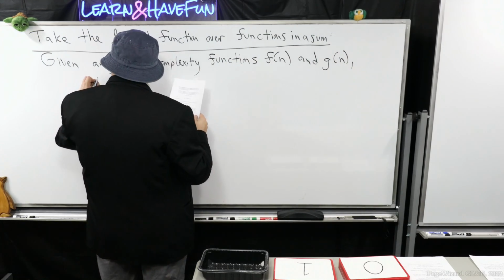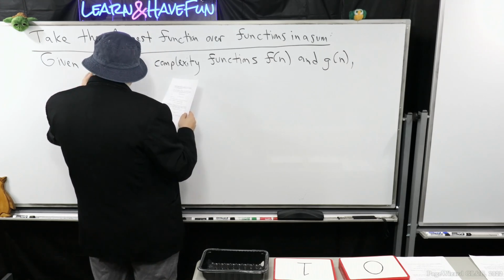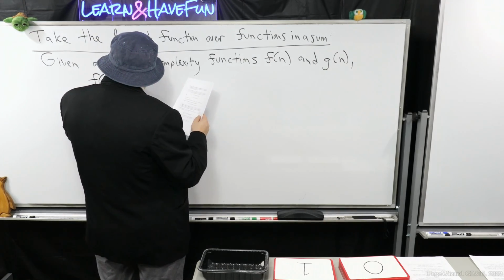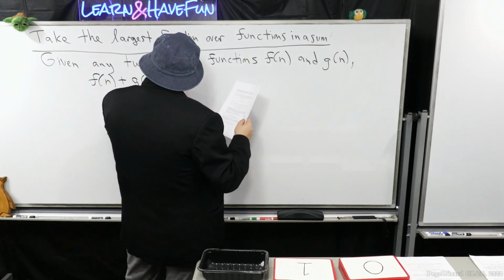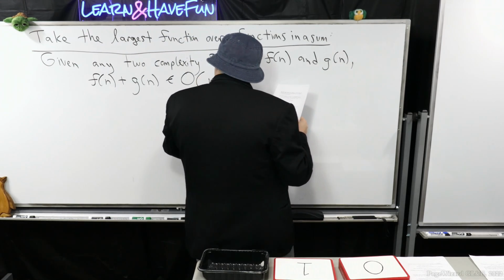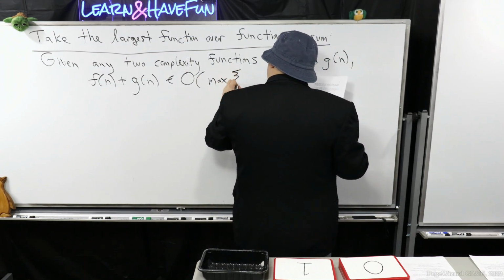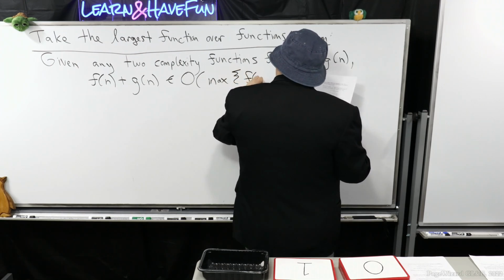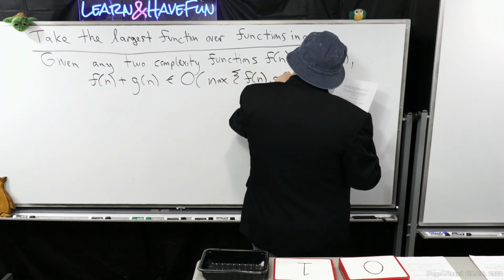I'll explain what I mean by this in a moment. So f plus g is big O of the max of f and g.